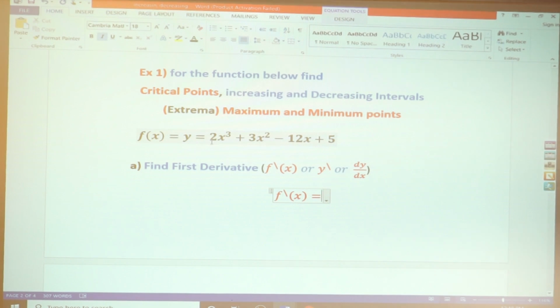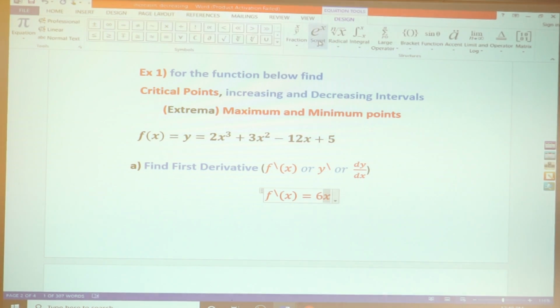You multiply 3 times 2, 6, then x to the second power. Then the 3x squared becomes 2, and we multiply 3 times 2, 6.